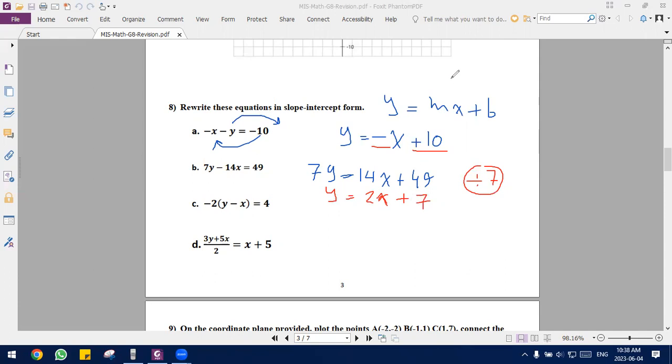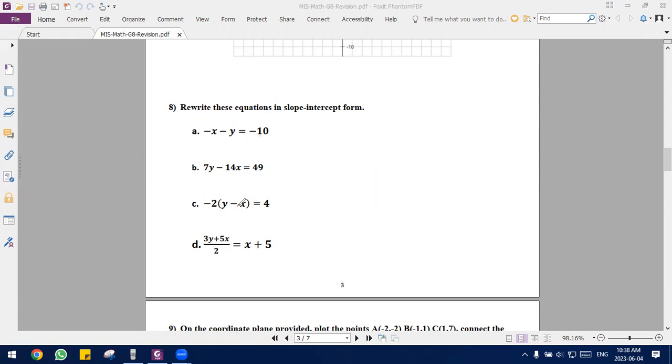Now for the third part, here, first of all, we have a problem. We have to expand. So minus 2y, minus times minus will be plus 2x equals 4. Now, since y is negative, let me take it to the other side.